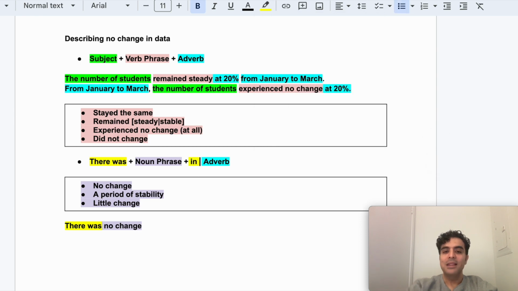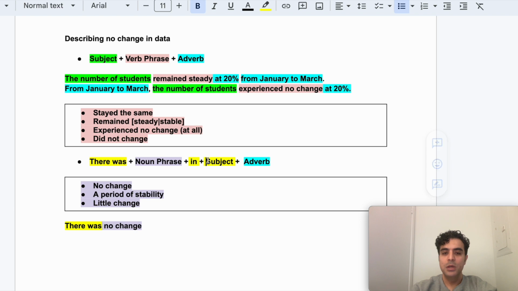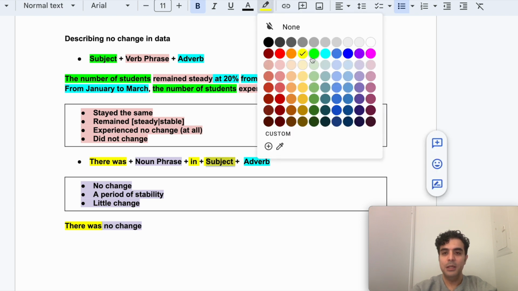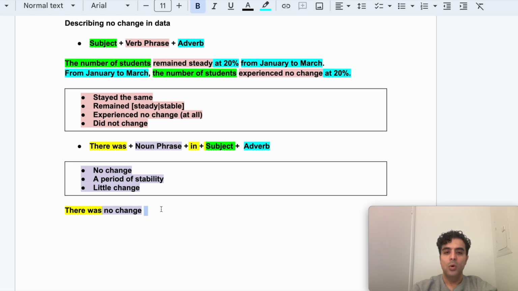And then you add the subject. Never forget the subject. The subject always has to be included here. And if you recall, for the subject, the color we would use is green. So I'm just going to use the same color here. And there you go. Okay, so check it out.